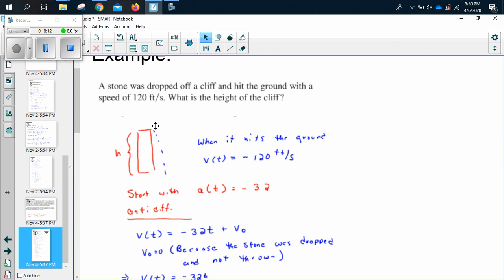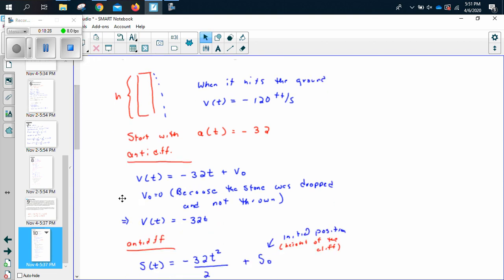If it was thrown downward, there would be some value for the initial velocity, but it was just dropped. So v naught is 0. There was no velocity initially. That gives me that the velocity function is negative 32t because v naught was 0.